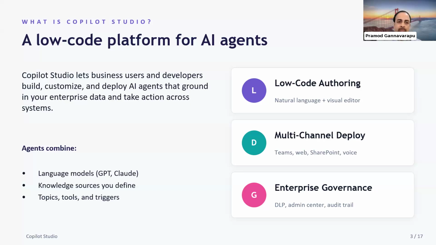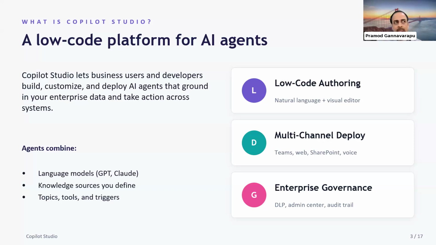You can deploy it on Teams, and on web, where you have Copilot, Copilot Lite, where you can also add this agent and people can interact with it. You can also deploy it to SharePoint and telephony as well.